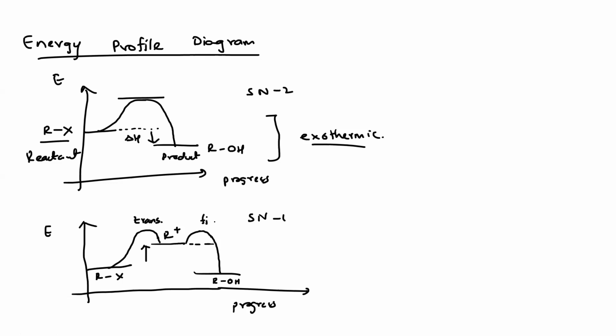That's the final product. Ultimately, this is again exothermic. Do you get this? Yes. If you get this, it becomes very easy for us to go through alcohols, because alcohols show a similar type of reaction.